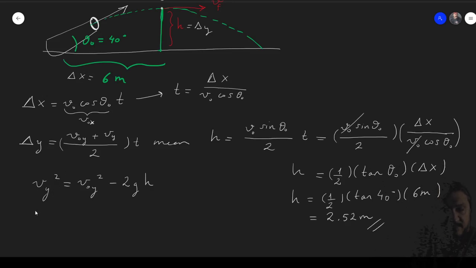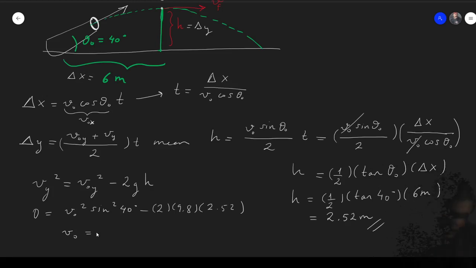So 0 equals v naught squared sine squared 40 degrees minus 2 times 9.8 times 2.52. Solve it for v naught.